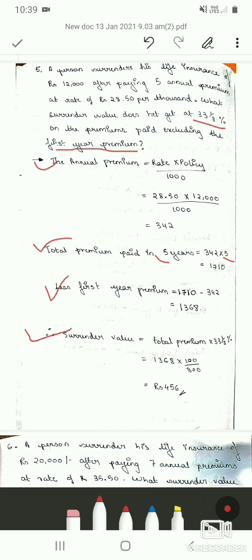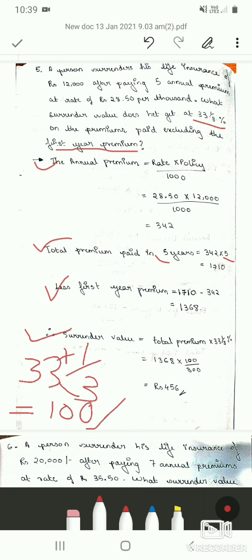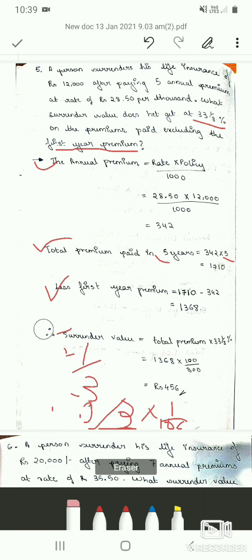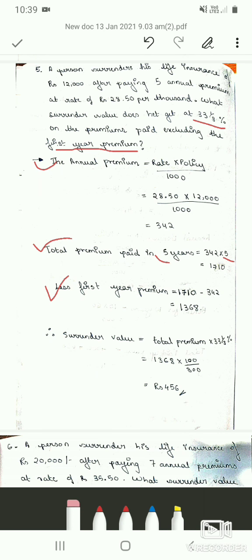Therefore the total premium is rupees 1,368 and 33 1/3 is nothing but 33 into 3, which is 99, plus 1, which is 100 by 3, and this percentage is again multiplied by 1 by 100, so we get 100 by 300. Therefore the surrender value would be 1,368 into 100 by 300, which is rupees 456.